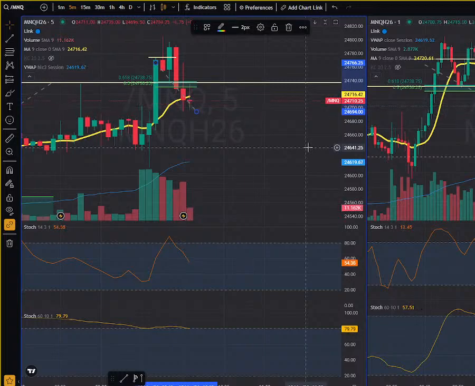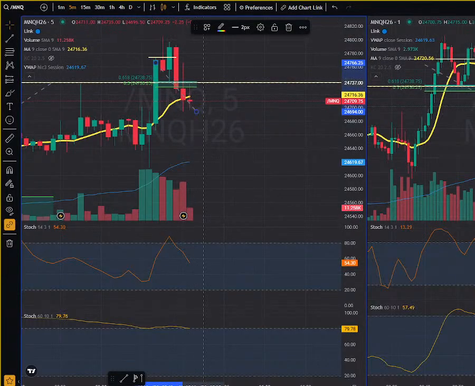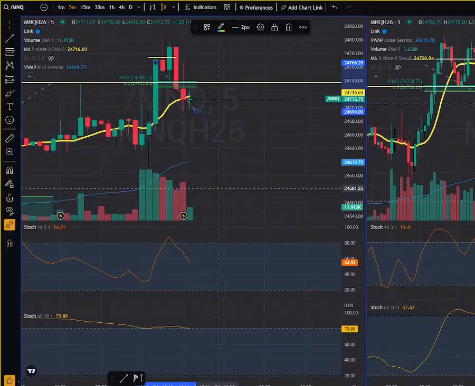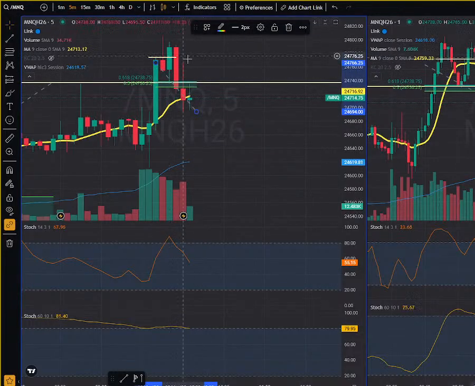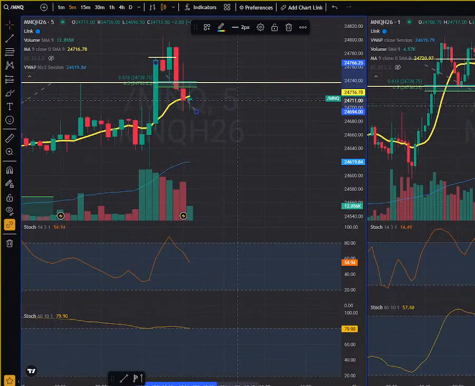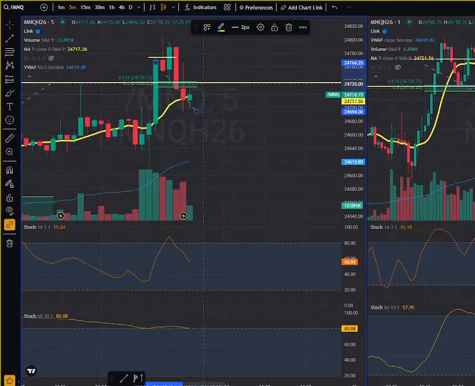Okay, we got it. A second attempt. We can start with 2 contracts, and then as we pump down, we can scale into 4.